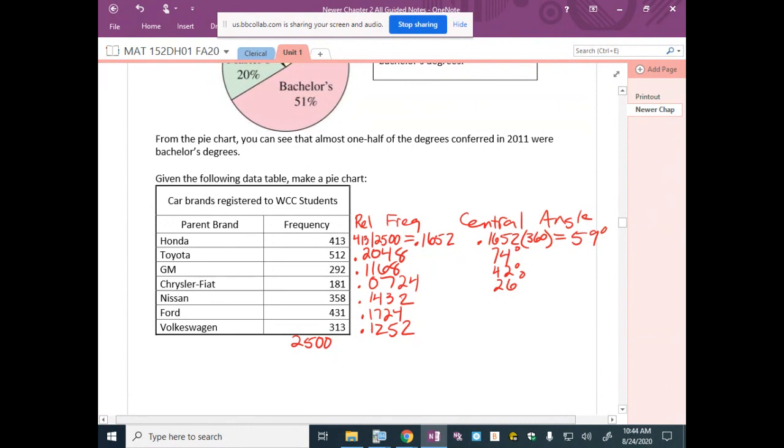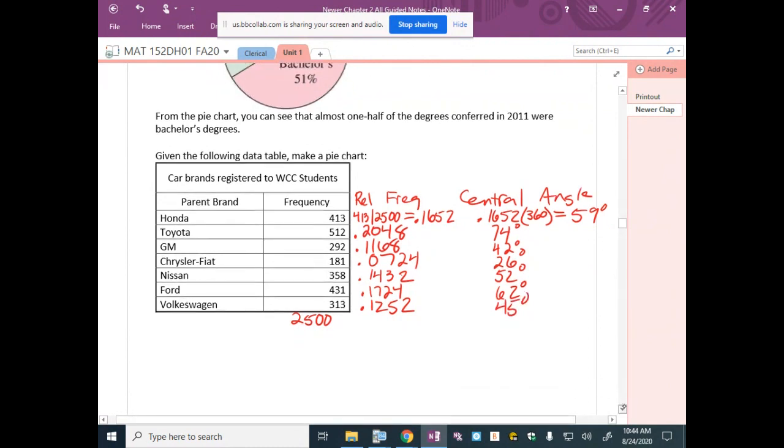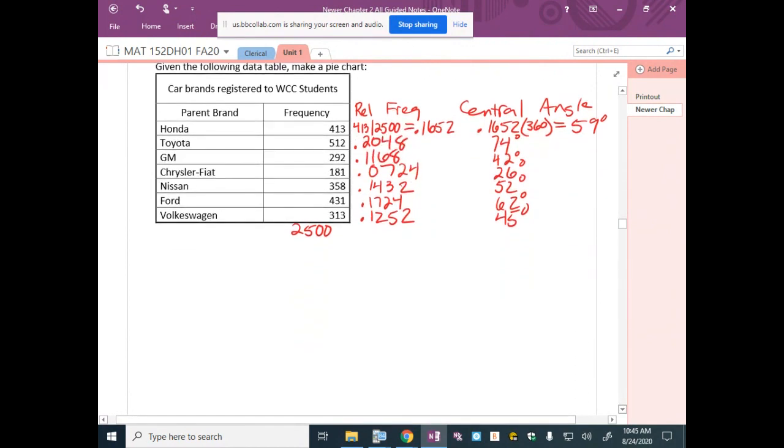So basically, we find the central angles for Nissan, that'll be 52, then 62 degrees for Fords, and then 45 degrees for VWs. Now we're going to make a pie chart label. Now, let me tell you something.